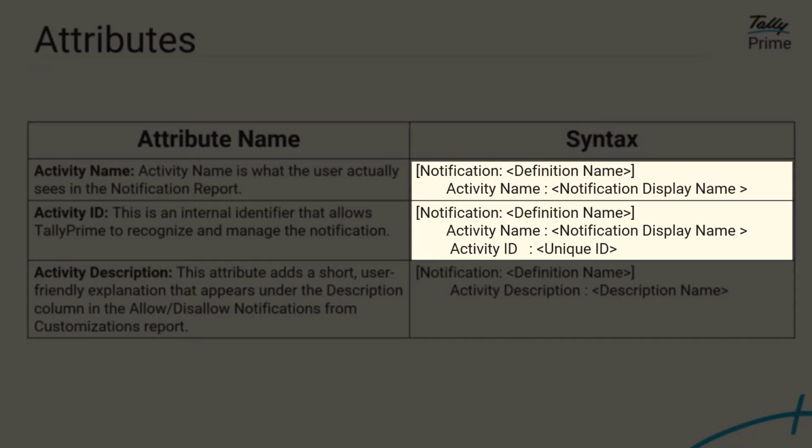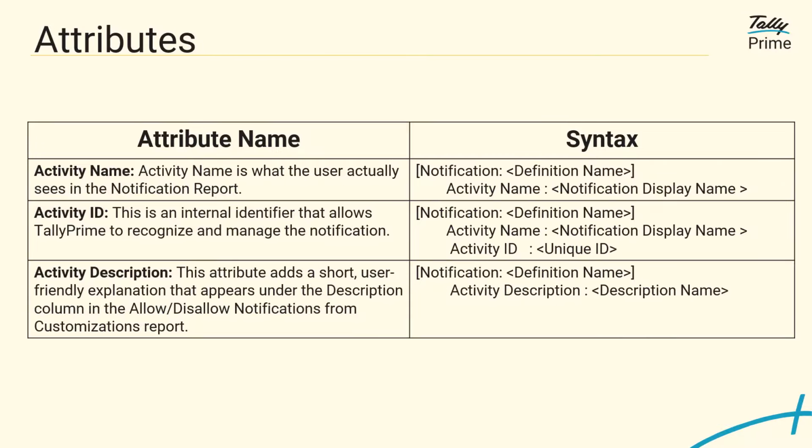Here's how you can define it. Together, the activity name and activity ID form a unique identity for each notification, ensuring that even if multiple notifications exist, each one can be distinctly identified and processed.